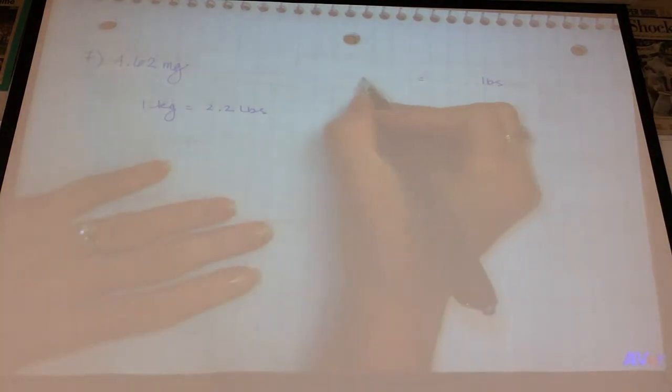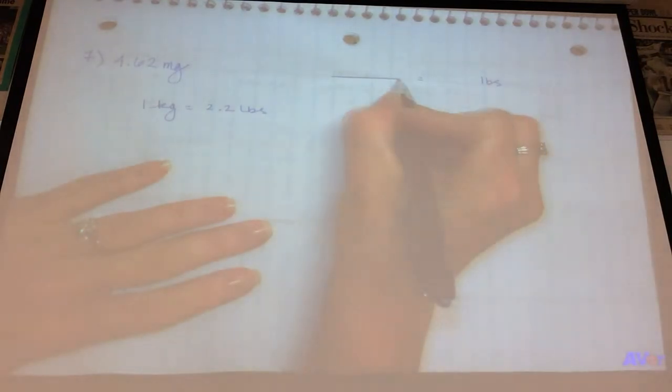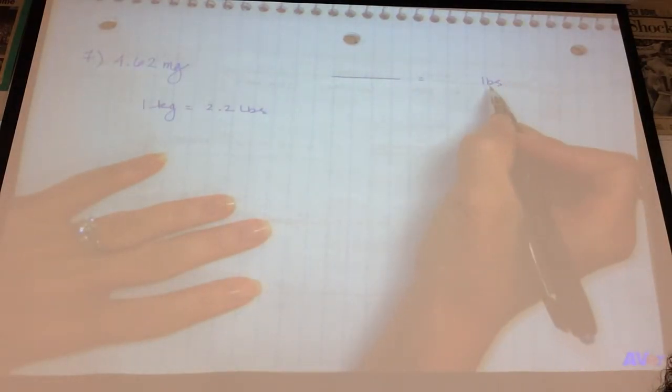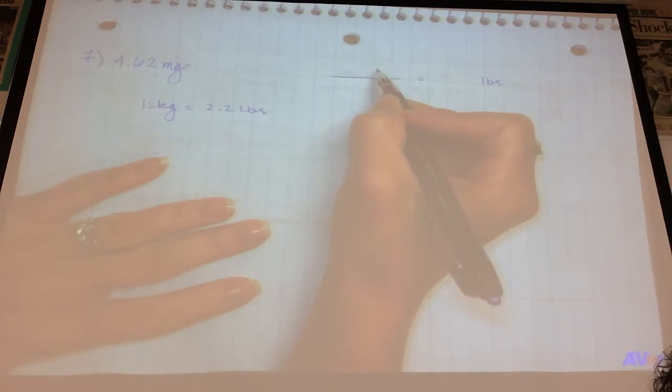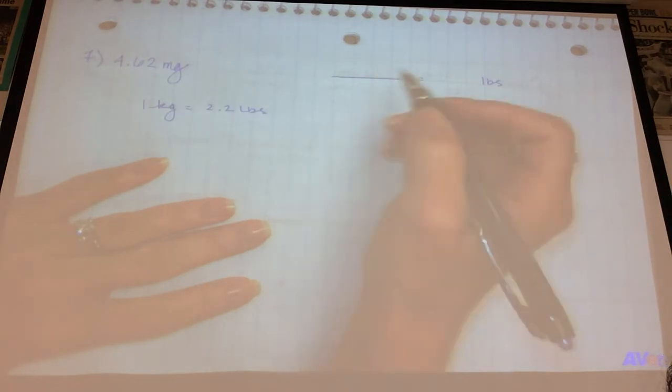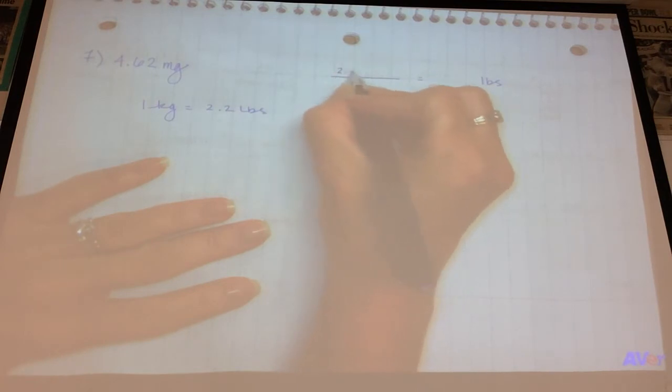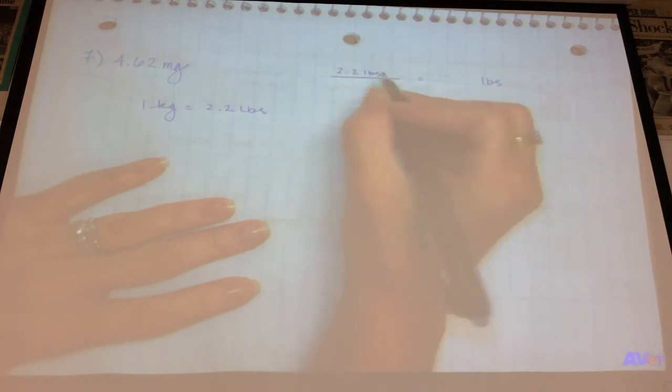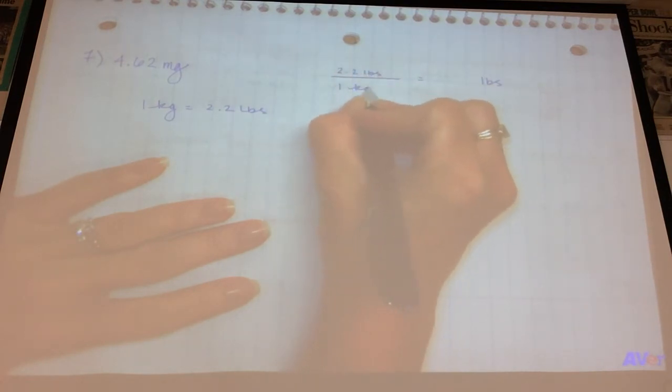So let's think backward. If I want to get to pounds, then I'm going to need pounds in the numerator of the last fraction. So I'm thinking 2.2 pounds here to 1 kilogram.